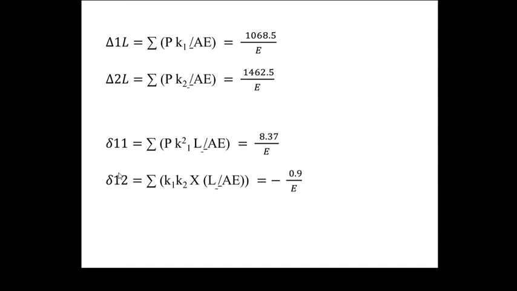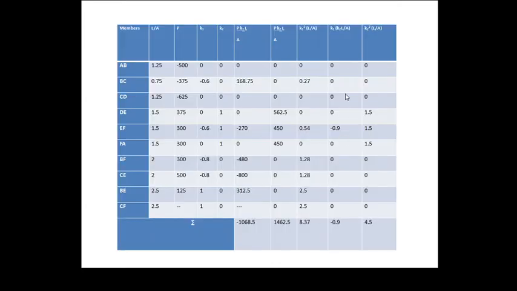Then you see this delta 12. Delta 12 means K1 K2 into L by AE, and the summation of this column is minus 0.9.